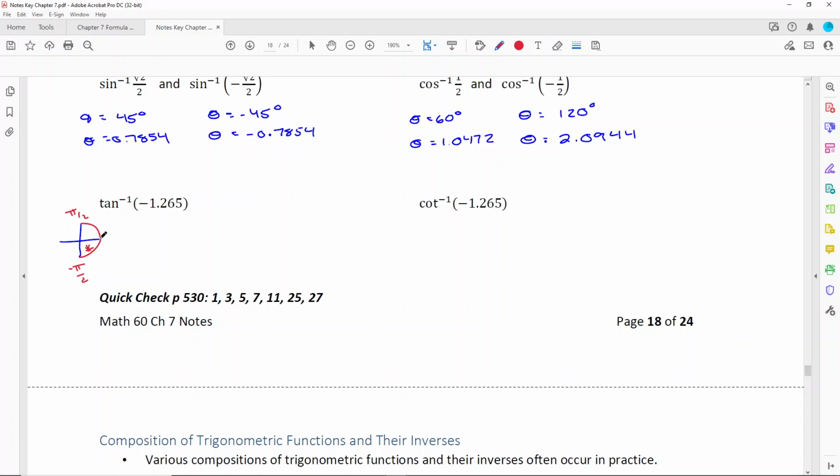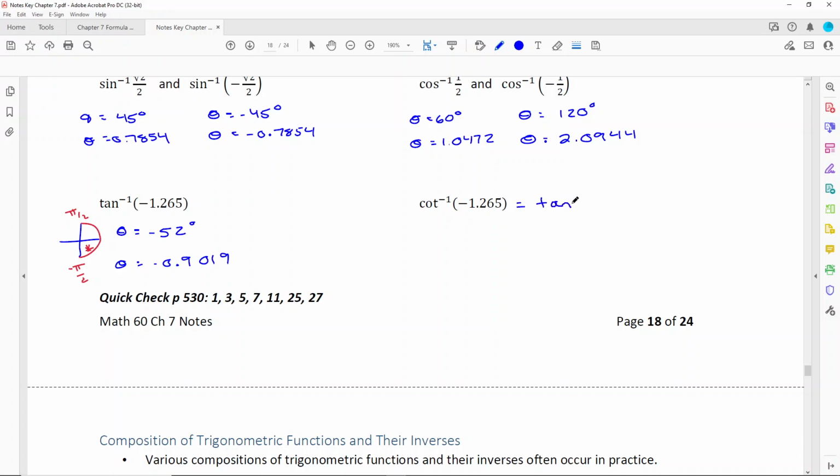So when I hit equals, I get theta is negative 52 degrees to the nearest degree. Then we switch our calculator to radians, hit equals again, and I get negative 0.9019.